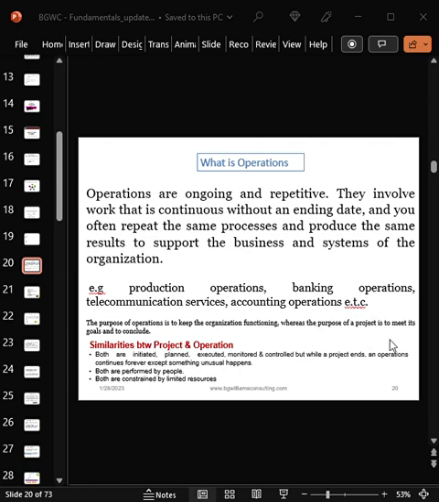Now, yes, I am Godwin. Okay. Can operation give rise to a project?